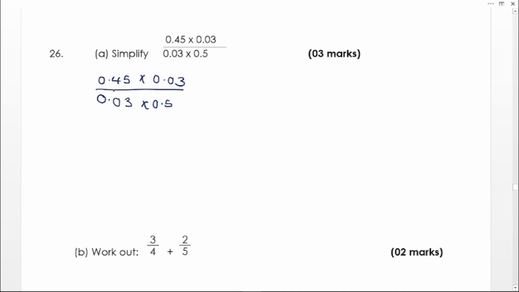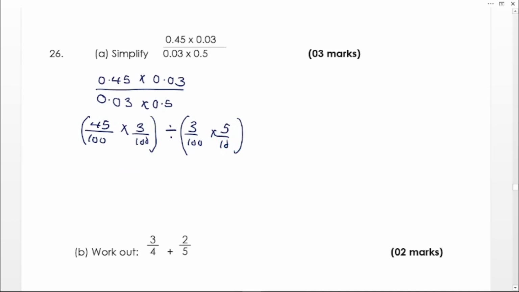Now the first thing is to convert these into common fractions, whereby this is 45 out of 100, then times 3 out of 100, and you have to allow brackets. Then divide by, you open another bracket, 3 out of 100 times 5 out of 10, we close the bracket.